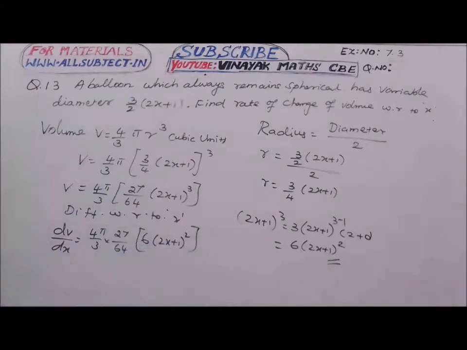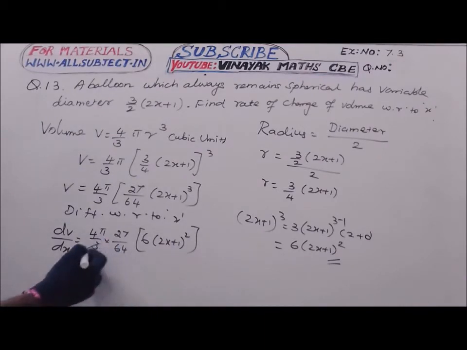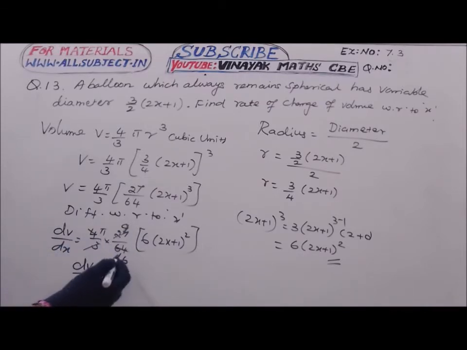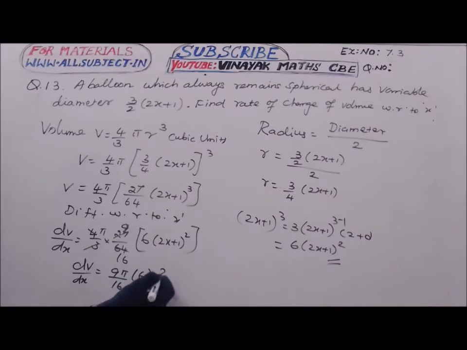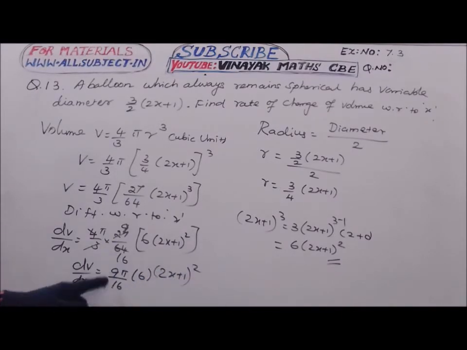Now we can cancel this and simplify, we will get the rate of change of volume. This is also a variable rate of change, that is dV/dx is equal to, now 3 into 27 is 9 times, and 4 into 64 is 16 times. So 9 pi by 16 into 6 into (2x plus 1) whole square, and then multiplying these two.